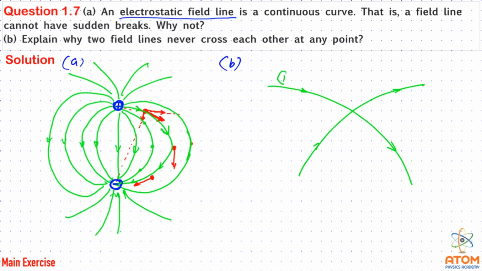Let me name this as the first field line and this is the second field line. Now as per the definition, a tangent drawn to any point on the field line shows the direction of electric field. So I choose this point and I draw a tangent here.